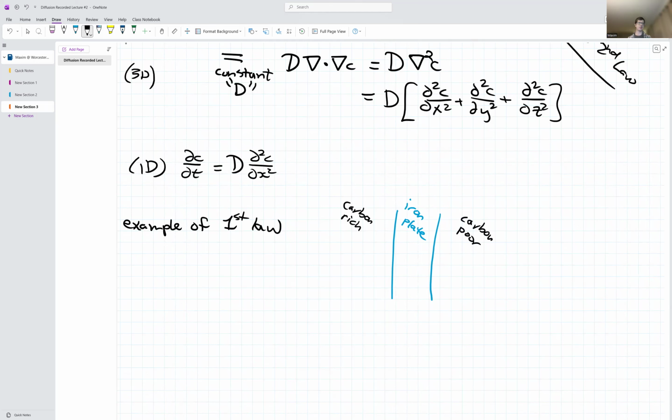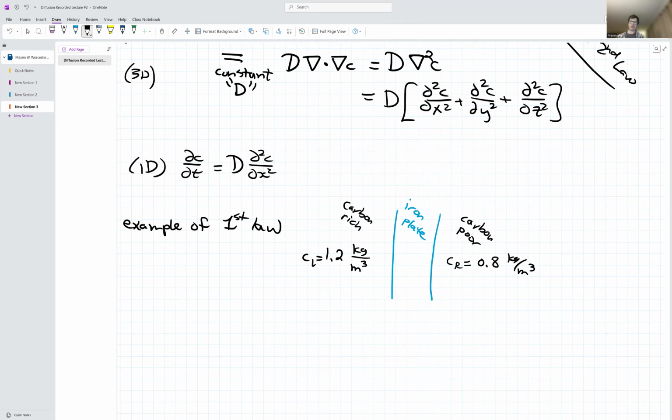So this will set up a situation where you have some concentration on the left, say 1.2 kilograms per meter cubed. That could be the concentration of carbon on the left. I'm going to use the book units where it's mass per volume. And on the right, you could have a smaller concentration, say 0.8 kilograms per meter cubed.